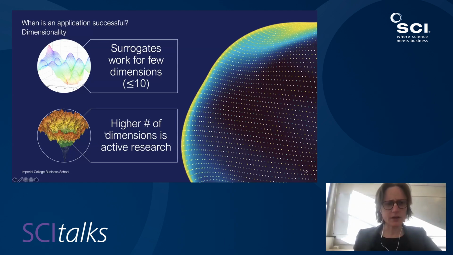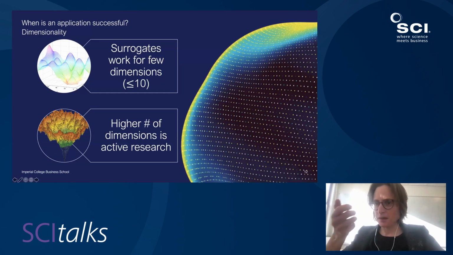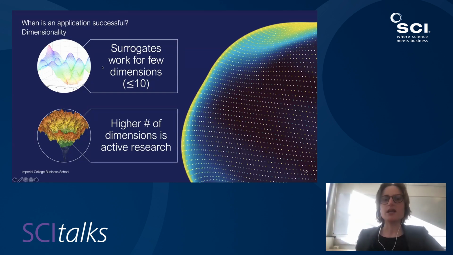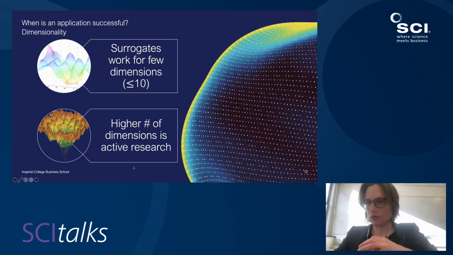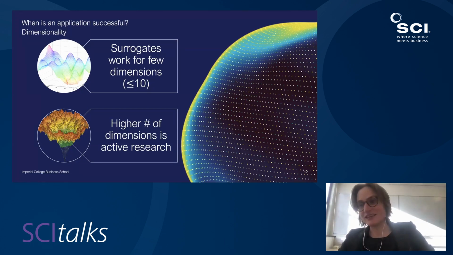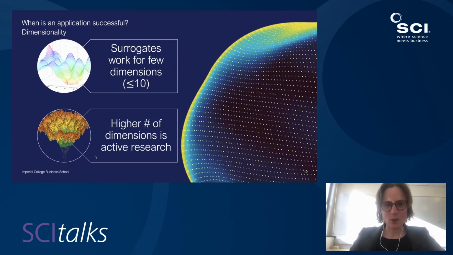So the point is that if I'm taking these Bayesian optimization or active learning strategies off the shelf and expecting to just use them, then with 10 or fewer dimensions we're fine. With more dimensions it starts having asterisks with respect to what we can do, and it's certainly really interesting to look into. Okay.